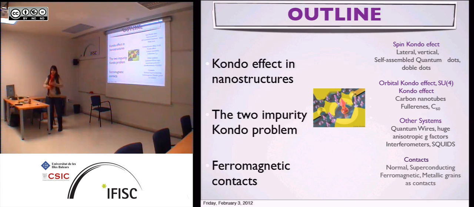Then the Kondo physics arises in this type of system when you have a continuum state that has some localized spins, some magnetic moments inside.